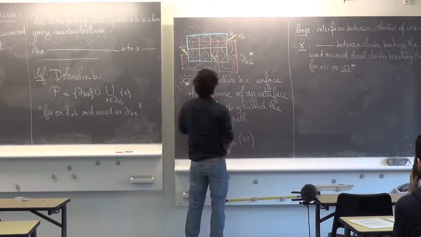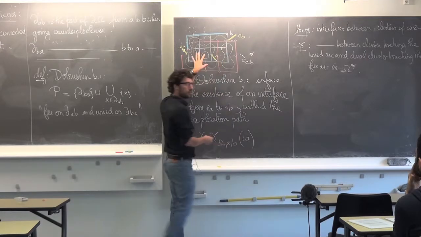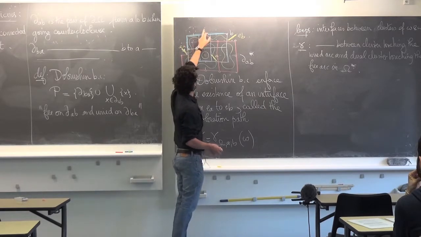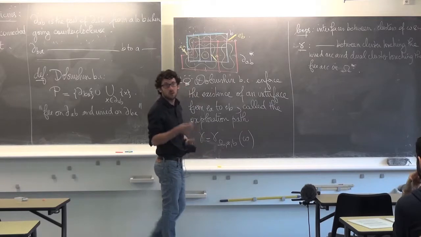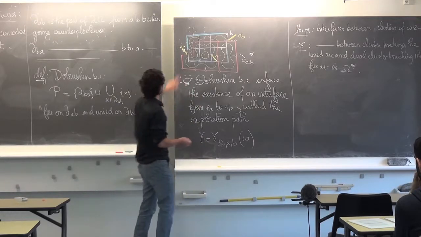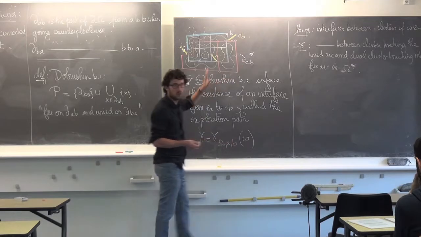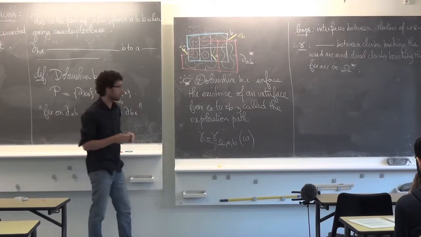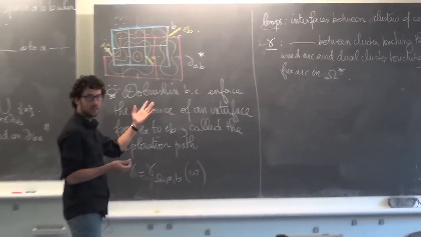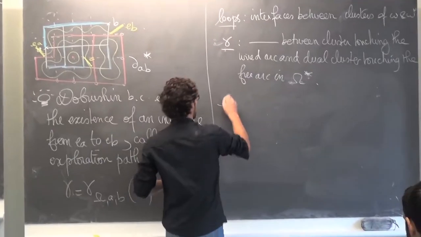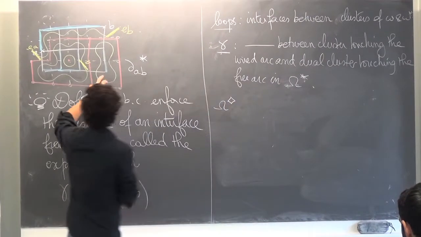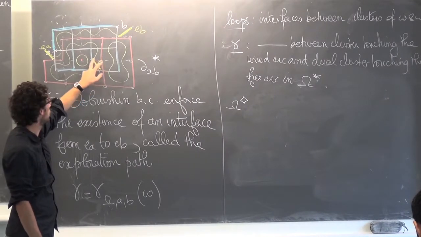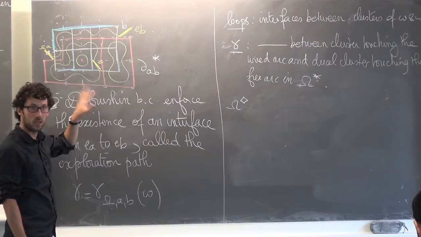So by the way, we had omega. Now you understand pretty well, I guess, what is omega star, in the sense that you don't need to take these edges into account because they are necessarily closed. And you want to add these edges because it's convenient to enforce and visualize boundary conditions. Now the medial lattice, the medial graph omega delta diamond, is just going to be all the medial edges which are between centers of edges of either omega or omega star.